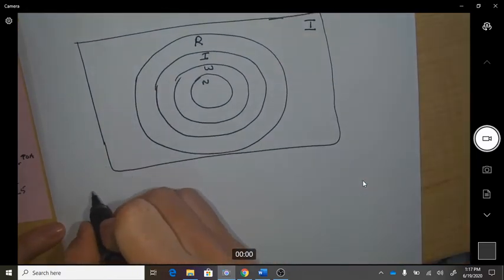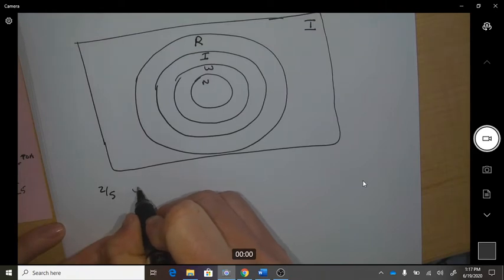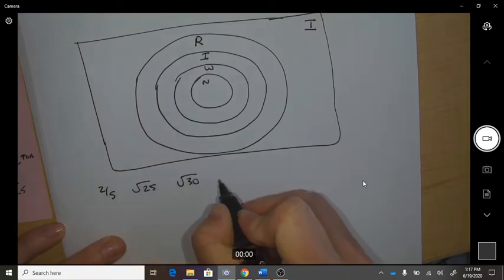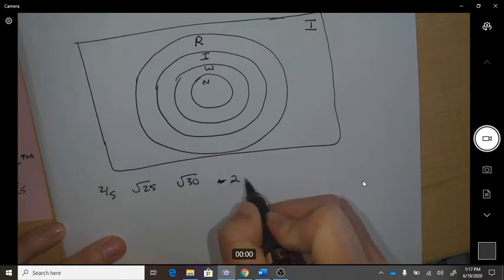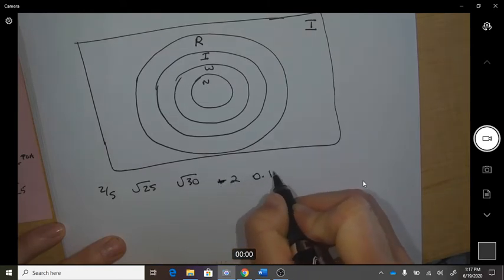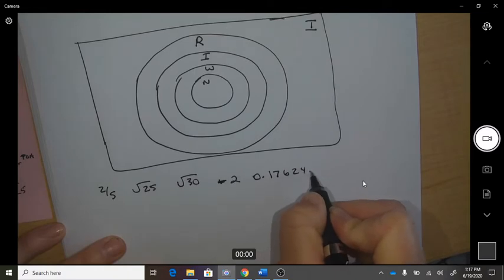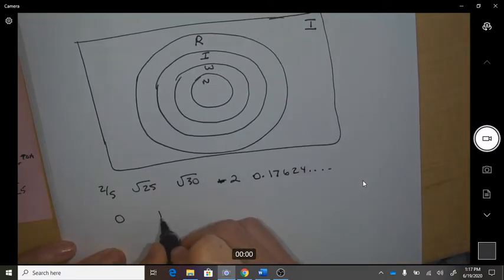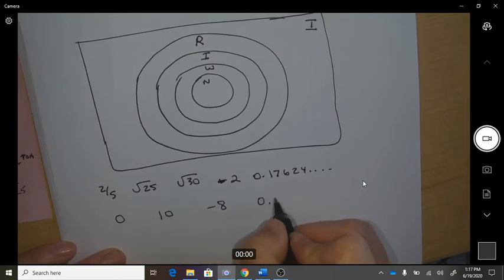Okay, so here is a list. So 2/5, square root of 25, square root of 30, -2, 0.17624, that number keeps going, 0, 10, -8, and 0.65. So we're going to classify where we're going to put all those.